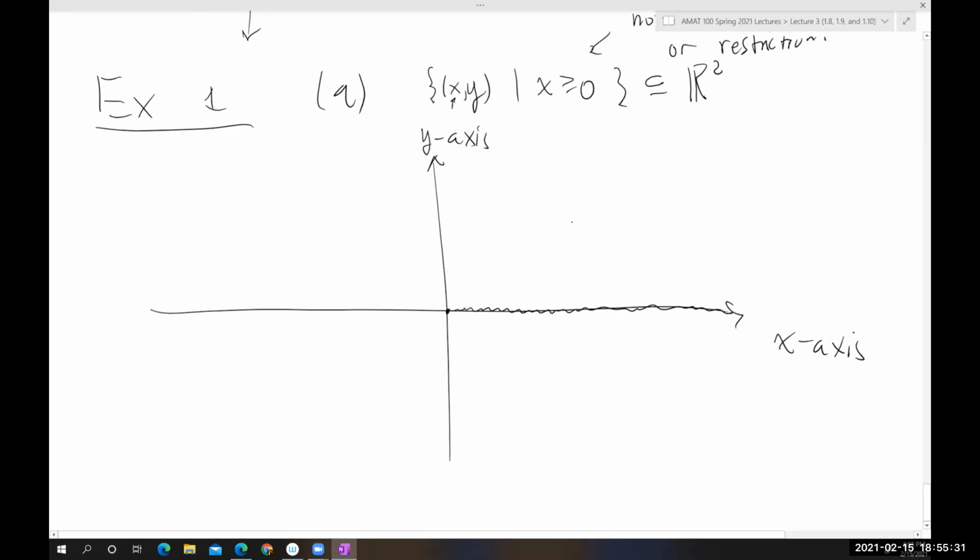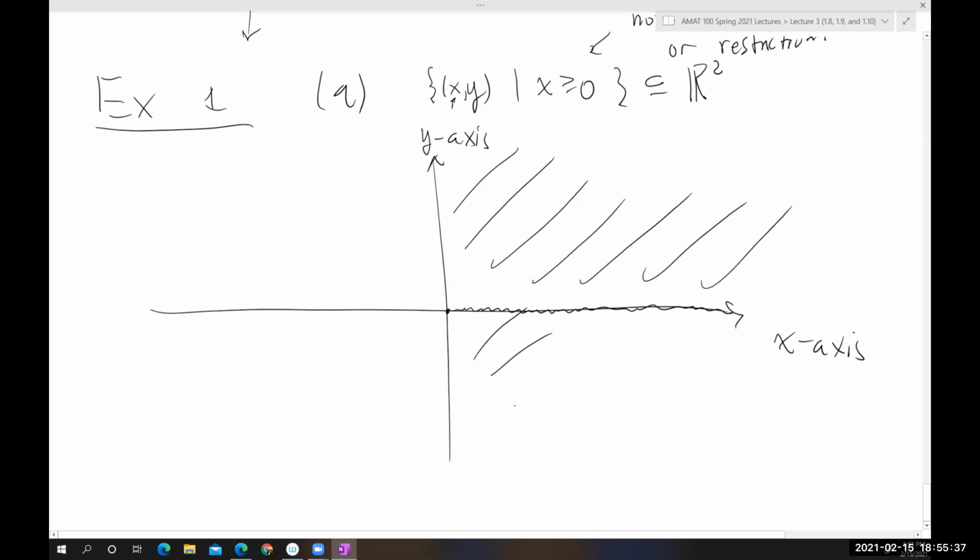Now y can be anything. So the whole set will be these two shaded-in regions here. This is the first quadrant, remember, and this is the fourth quadrant, and it includes the y-axis. So it's everything basically to the right of the y-axis.